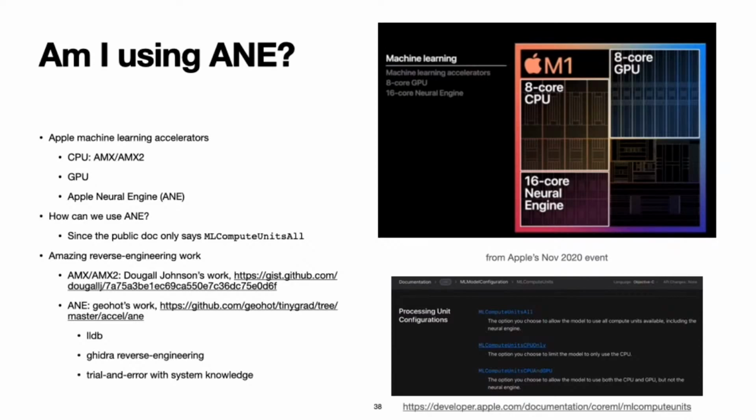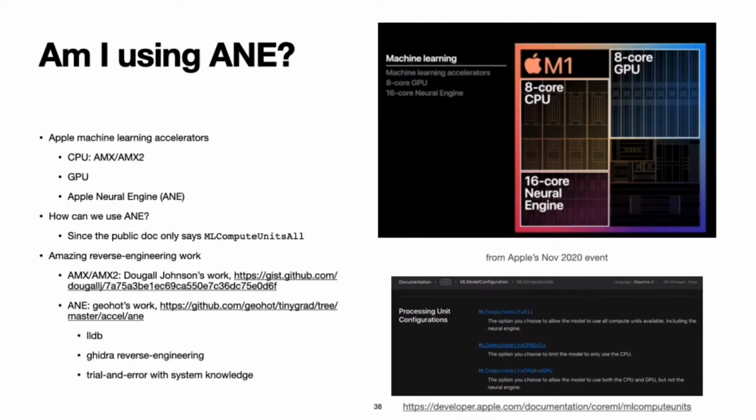As far as I can tell, the answer is that you cannot if you only use the public API provided by Apple. With the public API in the CoreML framework, the option MLComputeUnits.all is to allow your model to use the Neural Engine. You don't know which layers of your model are actually running on the Neural Engine.